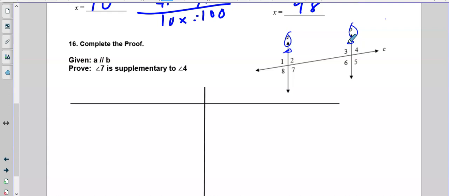So, I'm sorry, my bad. I just read that wrong. We make mistakes too. We are told these are parallel. So what we're trying to prove is that angle 7 and 4 are supplementary. Okay, so we start off by saying A is parallel to B, and we just say given.